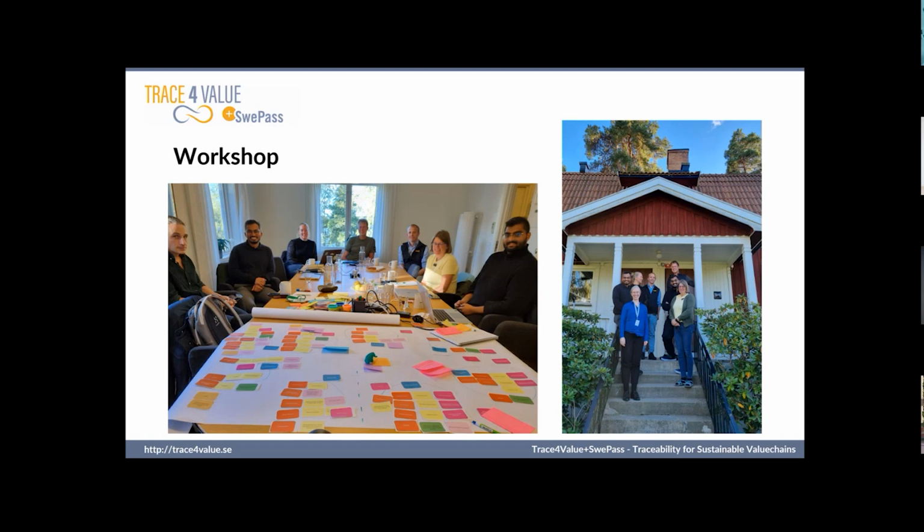So here are some pictures from that. We mapped up the current circular value network and added what we need to complement it with, both from the ontology perspective and the data perspective. What do we also need to do in order to identify what data we need to collect?